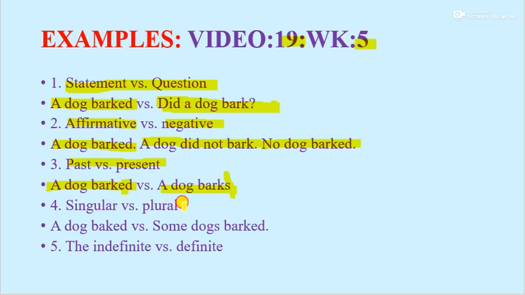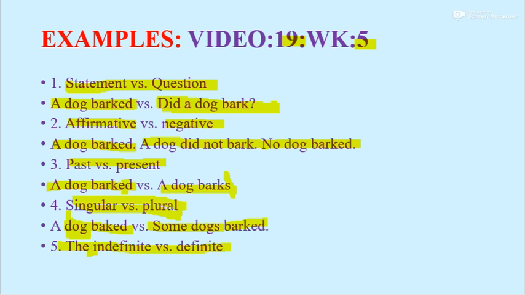And if we talk about singular and plural, "a dog barked," dog is singular, "some dogs barked" is plural. The indefinite and the definite is the same case. So these are all the examples of statement versus questions, affirmative versus negative, past versus present, singular versus plural, and indefinite versus definite.